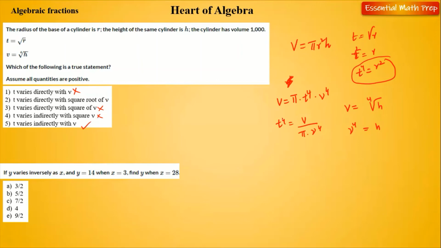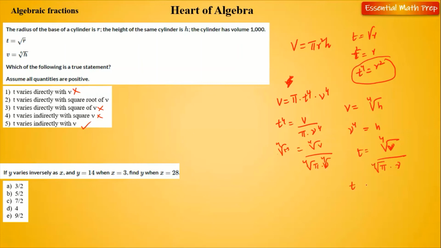Because if you take fourth power, square root, okay? If you do that, then this becomes T equals V power 4 over pi times just this.